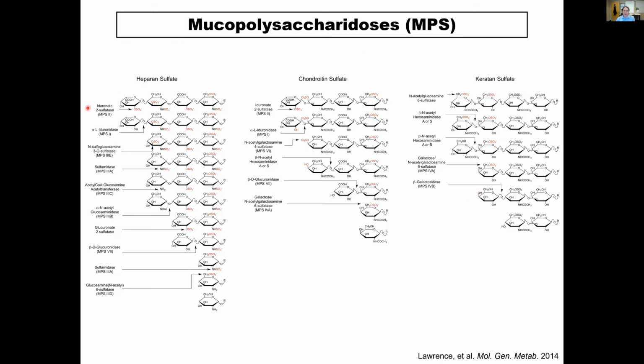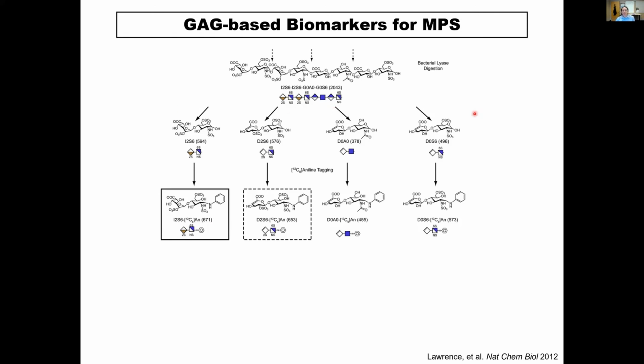So you can imagine if you do not make this enzyme, you're going to get a buildup of heparan sulfate chains that have this non-reducing end sugar or disaccharide. And so what we can do is utilize mass spectrometry techniques to recognize and detect these GAG-based biomarkers that are present in these patients.